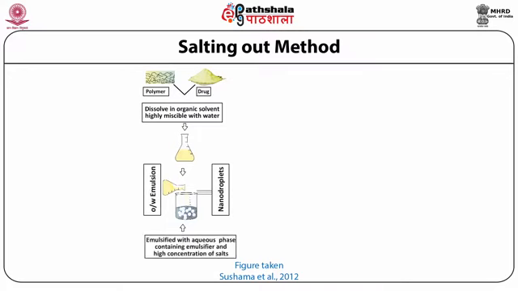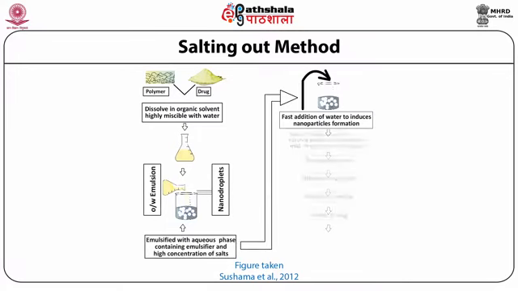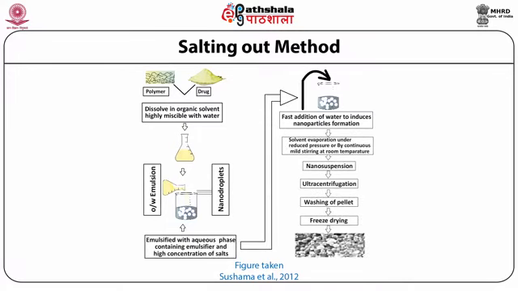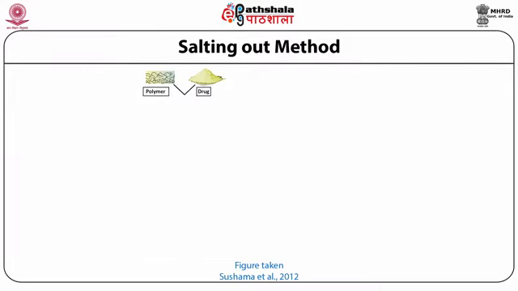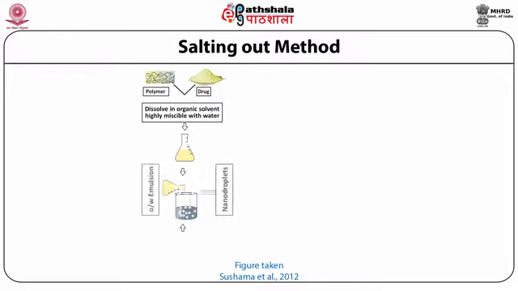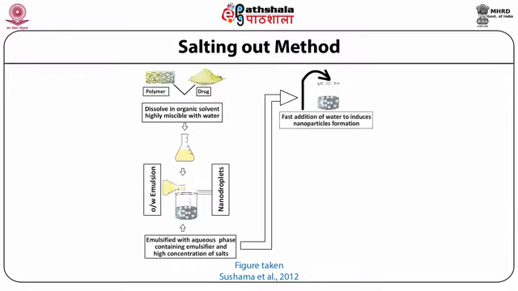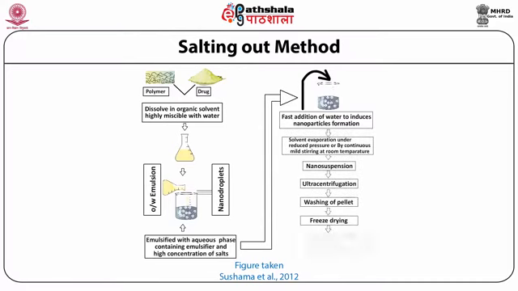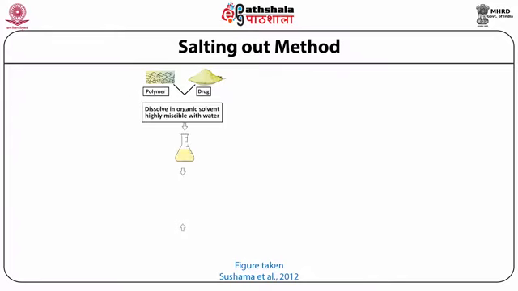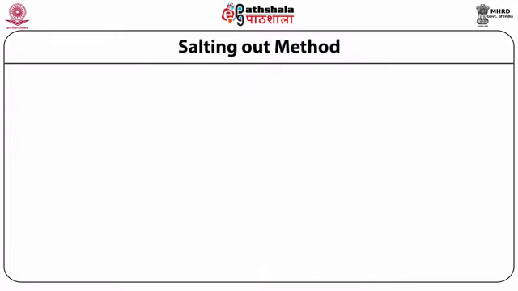The purpose of the salt addition into aqueous phase is to prevent the solvent diffusion, which allows the emulsification under high shear stress, while addition of water reduces the ionic strength, which induces the solvent diffusion, resulting in the nanoparticle formation.